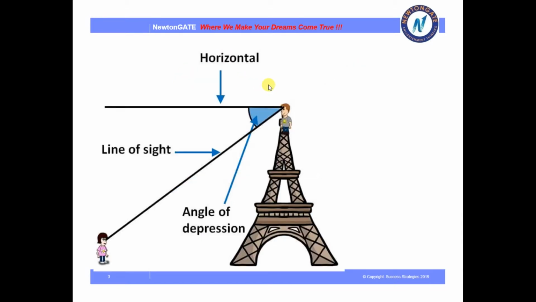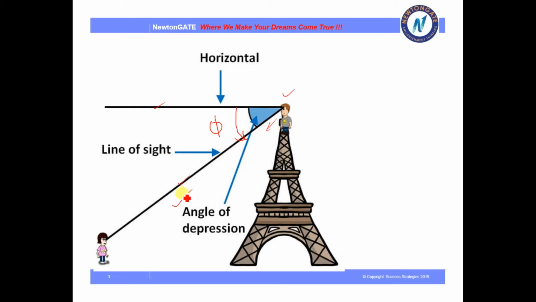Next is angle of depression. So same as angle of elevation, angle of depression is defined as the angle between the horizontal line and the line of sight when a person has to look down. So when the horizontal line makes an angle phi, let's say for this case we take this angle as phi, with the line of sight, we call that angle of depression.